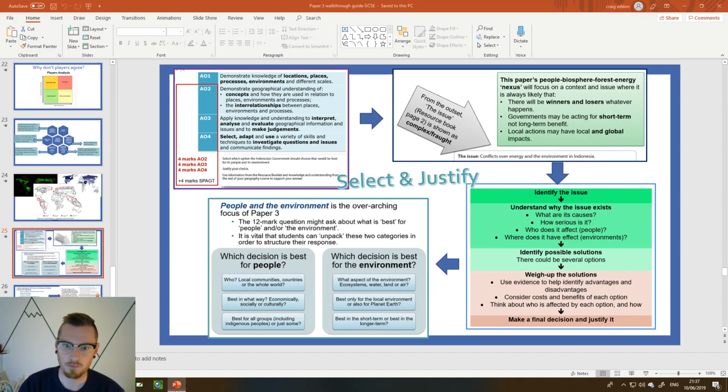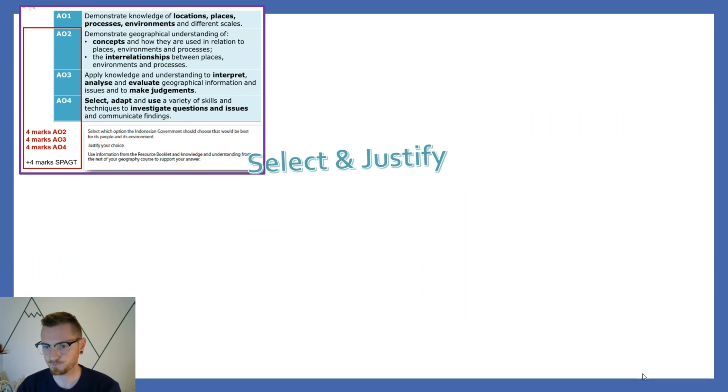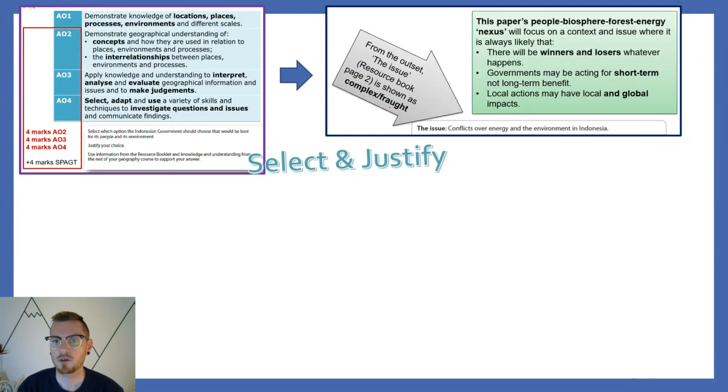Now, back to my PowerPoint here. Remember that the issue is complex and fraught, okay? i.e., there's no perfect answer here. This paper has a nexus, so the links between people, the biosphere, forests, and energy. So that's the major overlap of themes, okay?